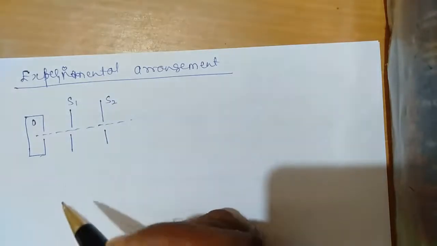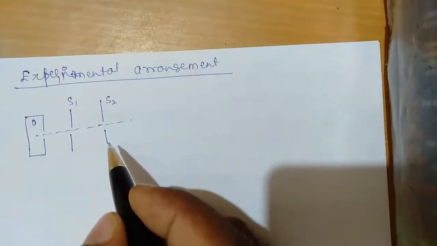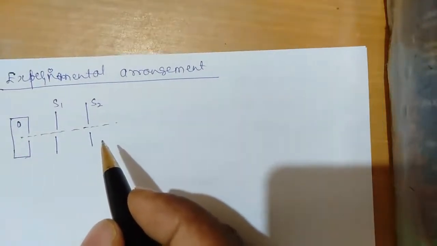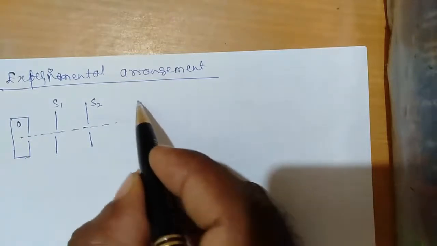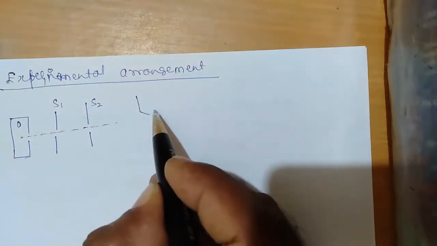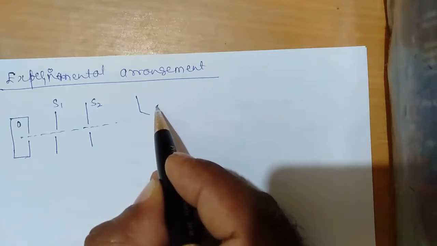These atoms are made to pass through a non-homogeneous magnetic field.